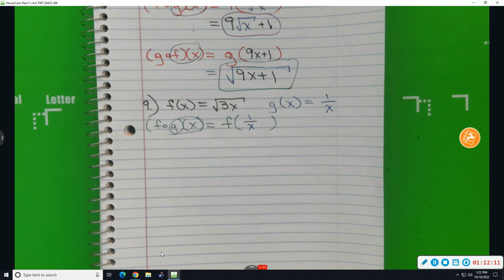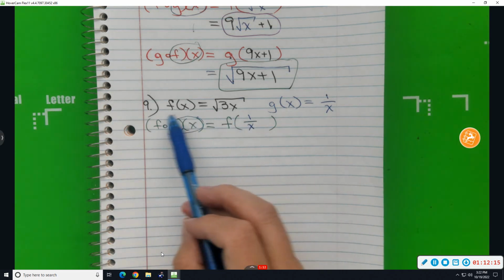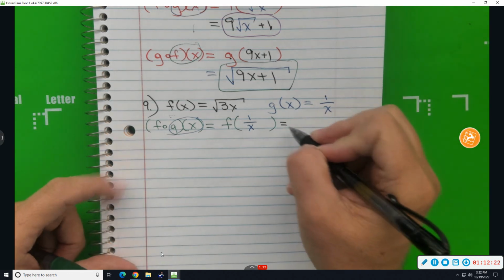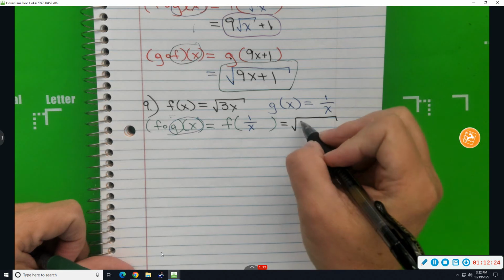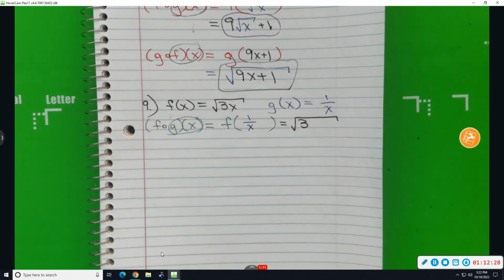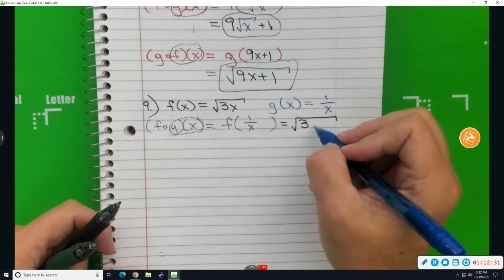What is that saying to do? We go to our function f, and wherever we see a variable, we replace it with 1 over x. So we have a square root. Instead of 3 times x, it's 3 times 1 over x.